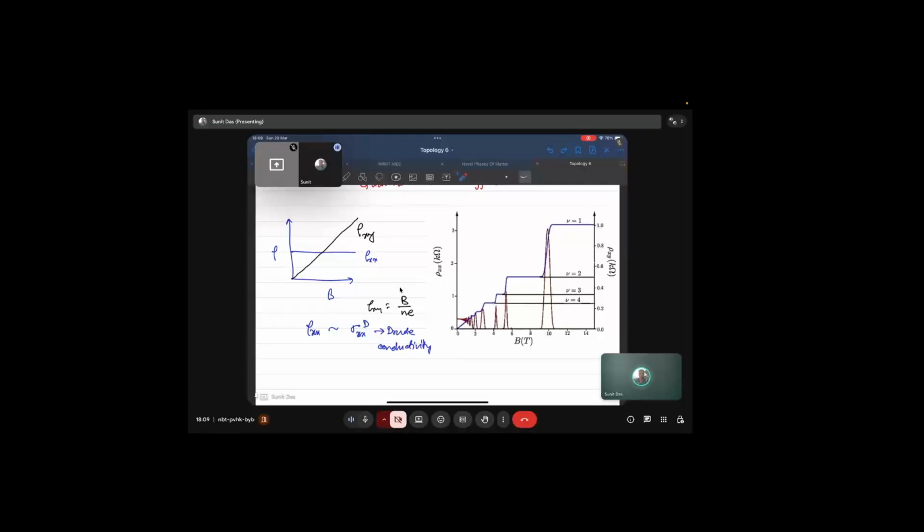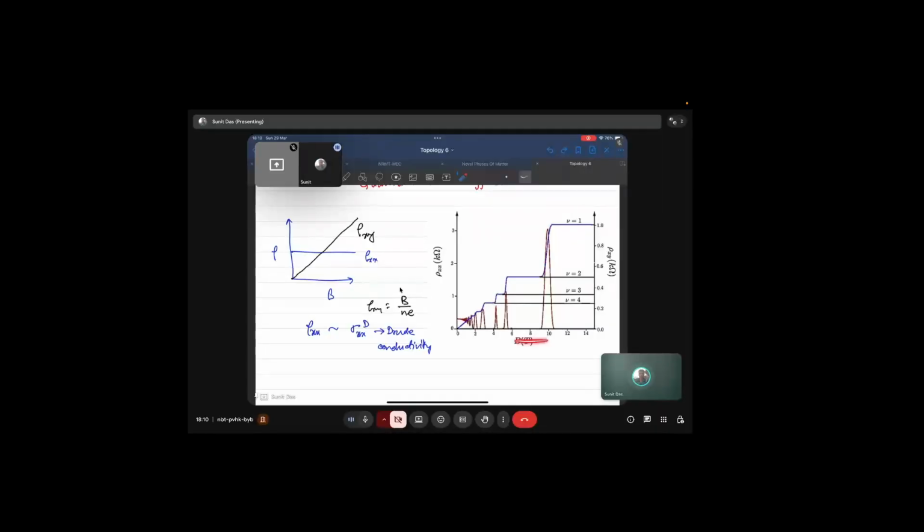And then as you increase the magnetic field, beyond 1 Tesla, let's say, there is a development of plateaus, right? Instead of increasing linearly, it goes something like this. Then there is a plateau. So there is a window of magnetic field, from this to this, where you are increasing the magnetic field and there is no increase in the transverse resistivity, and then at some particular magnetic field there is a jump in the resistivity, and then again a plateau where up to some magnetic field it doesn't change, and then this keeps on increasing, right?